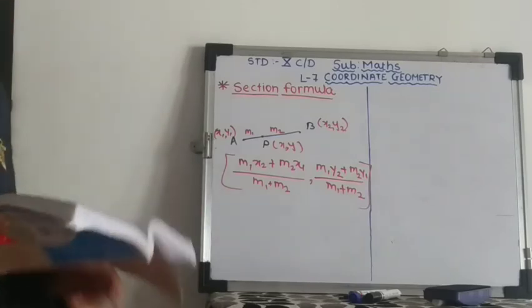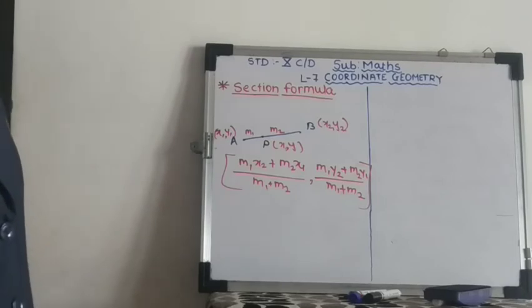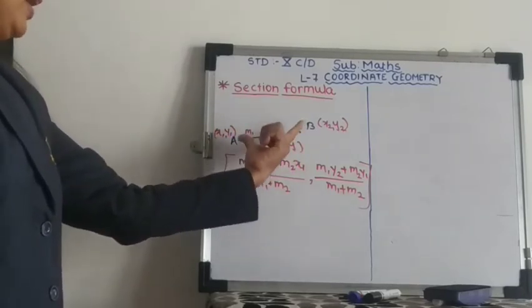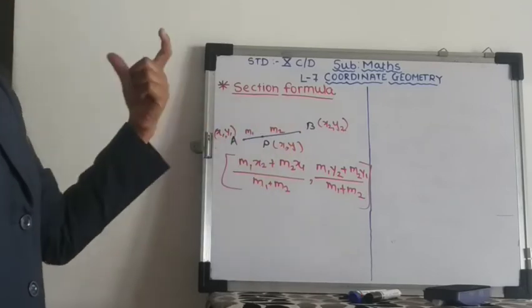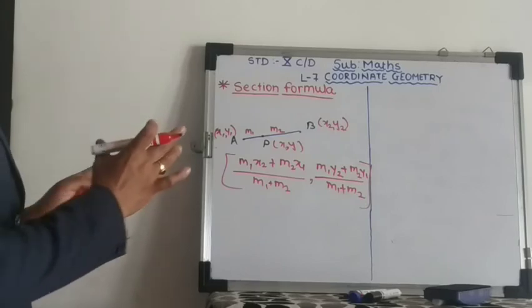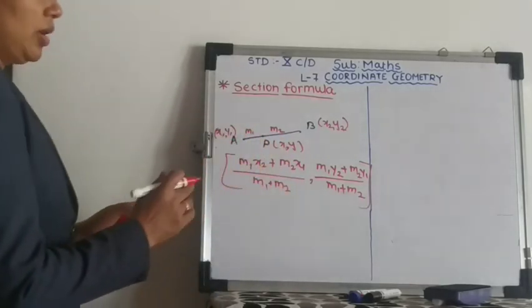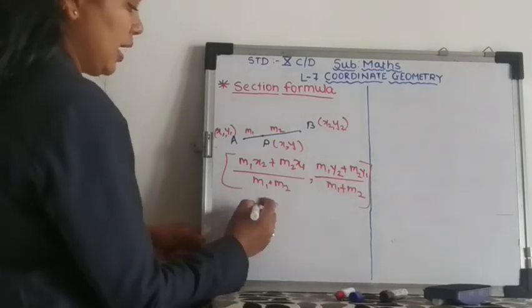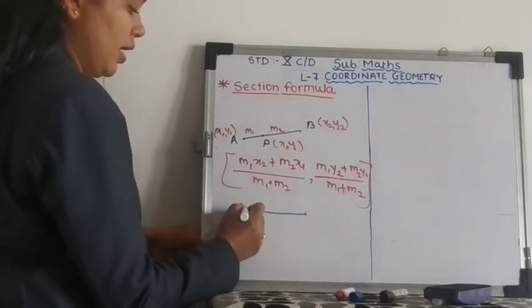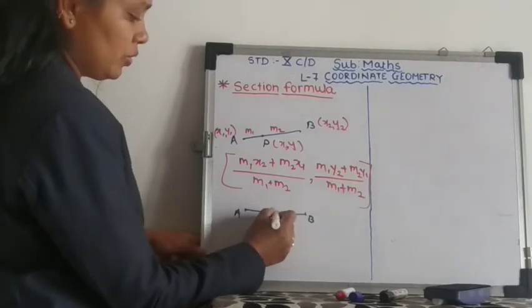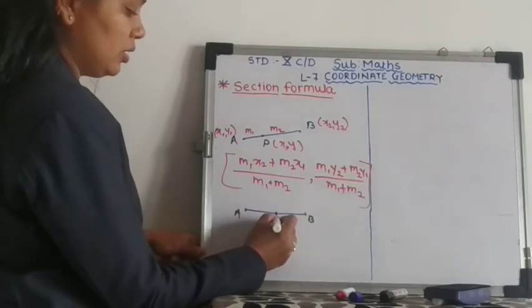When P divides AB exactly in the middle, meaning we get the same ratio, then the section formula becomes as follows. When I say AB is divided in the middle, we know P is exactly at the middle.